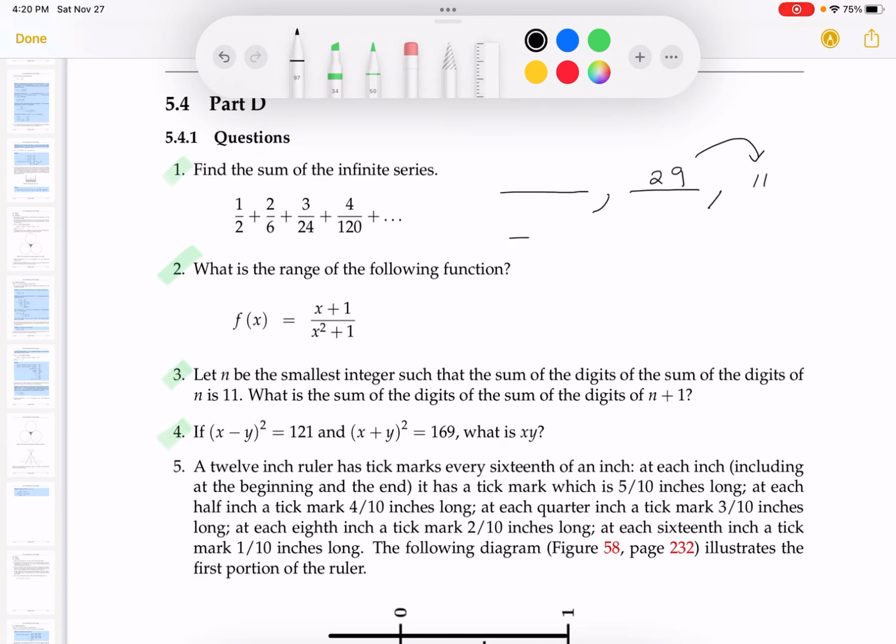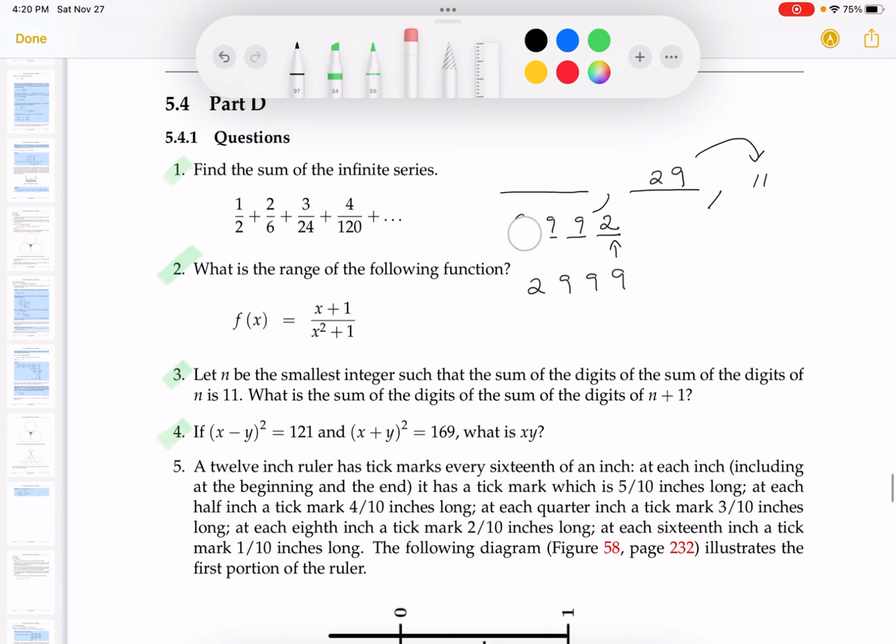Well, let me think. I could try 9, 9, 9, and 2. I'm really trying to get this to be as small as possible, right? And I'm going to write this as 2, 9, 9, 9.